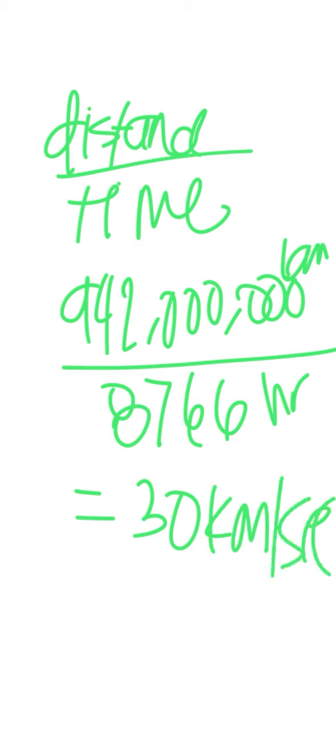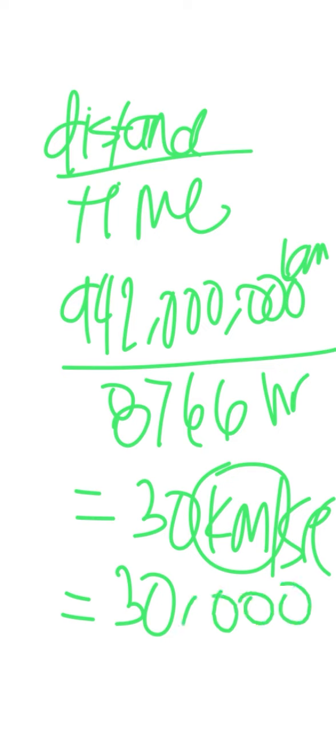This will give us 30 kilometers per second. But we don't want kilometers, we want meters per second. So we need to convert this, and we get 30,000 meters per second. So 30,000 meters per second is our acceleration. It is how fast the Earth is going around the Sun.